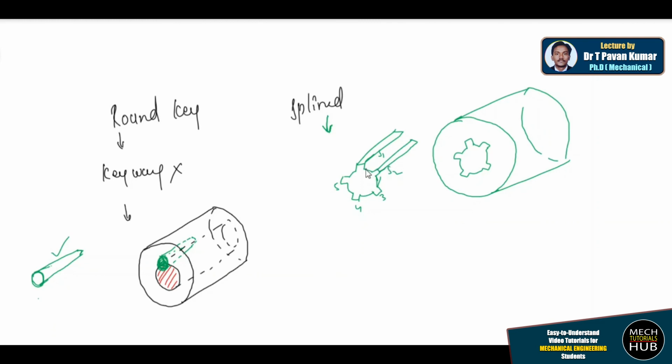There won't be any key provided. Splines are provided directly on the shaft, manufactured in such a way and placed inside. This is how it is going to be.